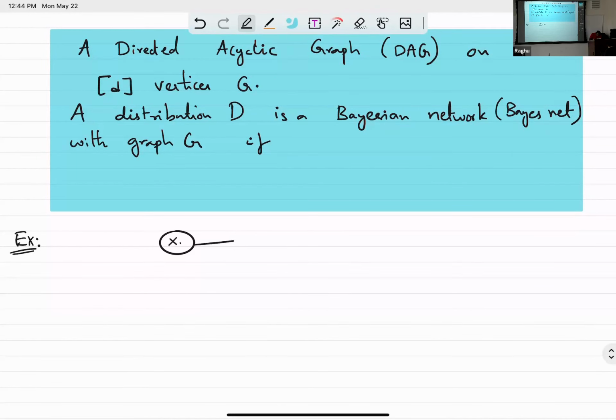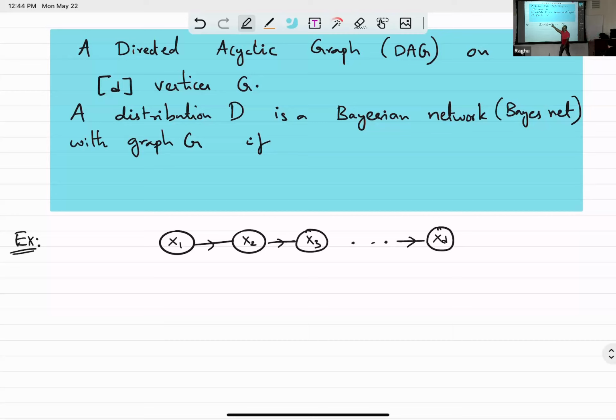Let's go back to the Markov chain example. So if I give you the Markov chain like this, then this is a directed acyclic graph. I have D vertices, and the directed acyclic graph is just a path from left to right.